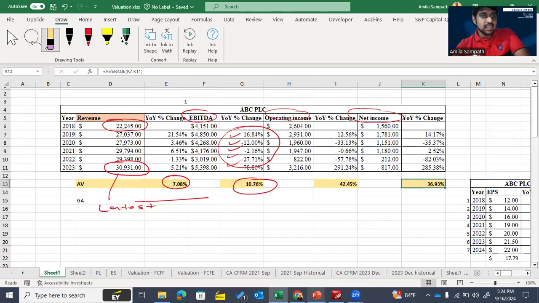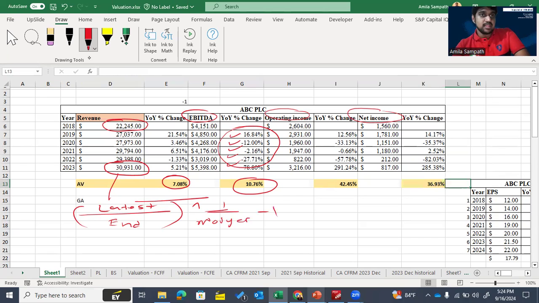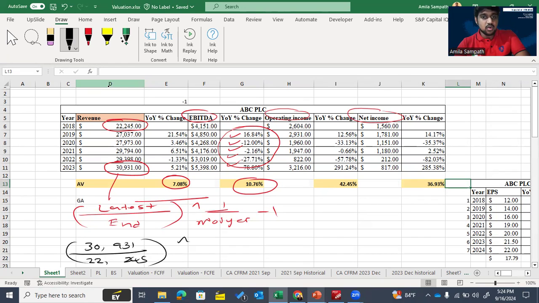Let's see how we can calculate the geometric average for revenue. The latest revenue figure is 3931, divided by the end year figure, which based on the given details is 22,245, and power of the number of years.